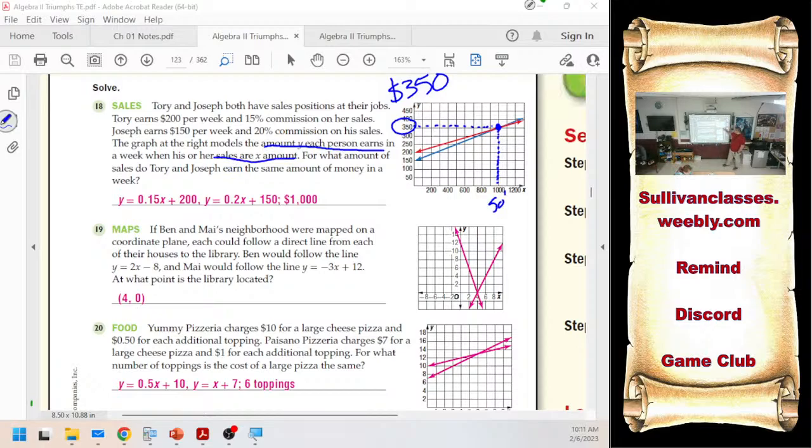So they sold $1,000 worth of stuff. That means instead of only making $150 or $200 this week, they made $350.